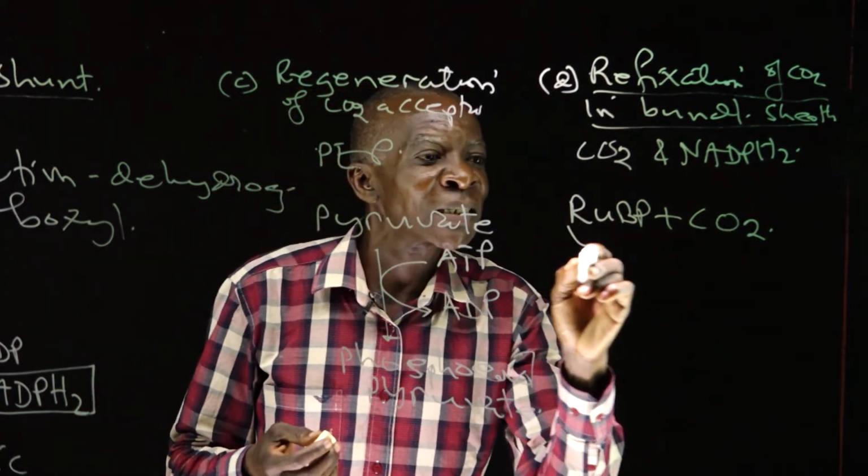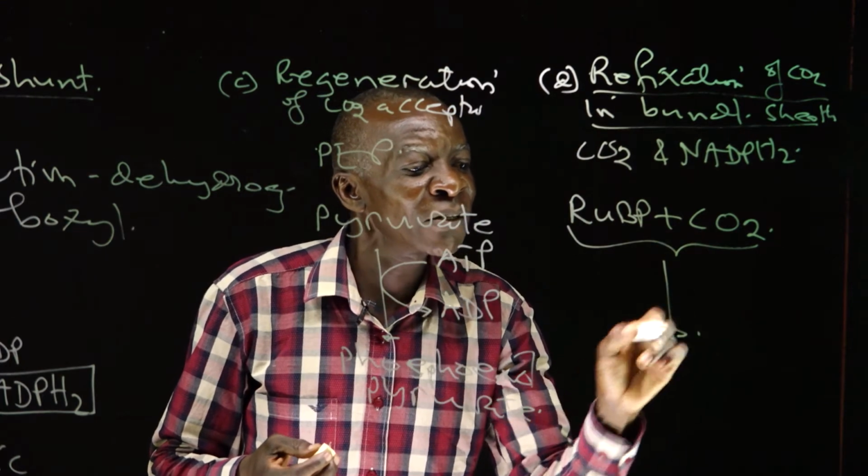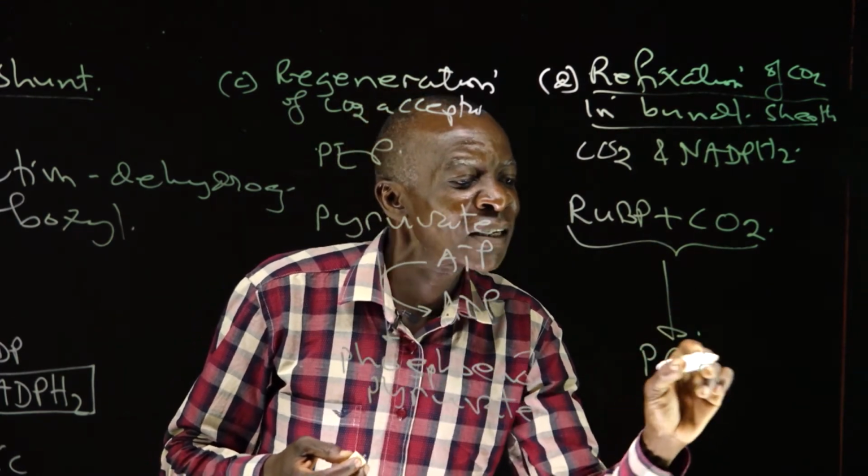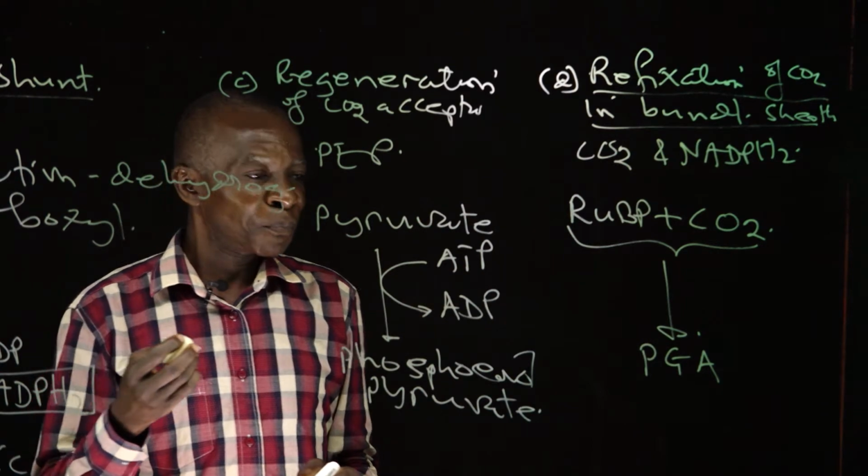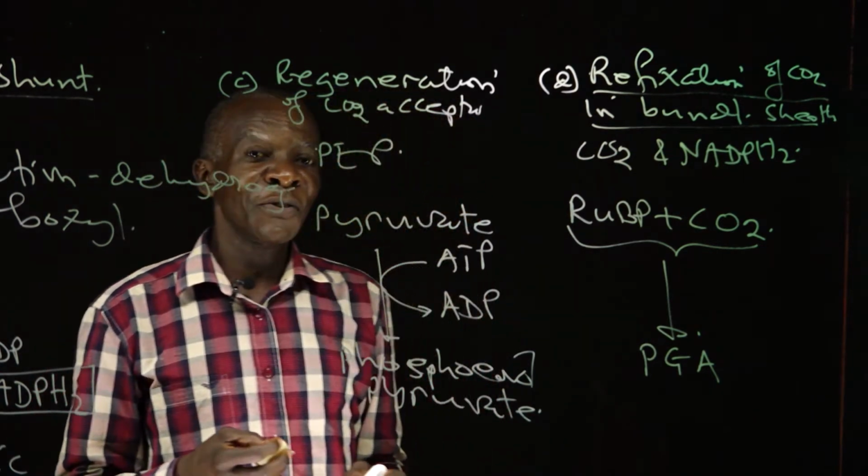And the product here is phosphoglyceric acid or glycerate phosphate.